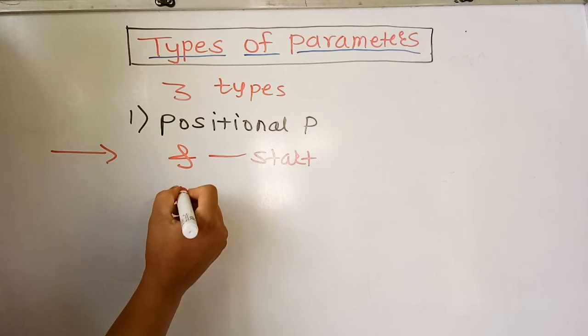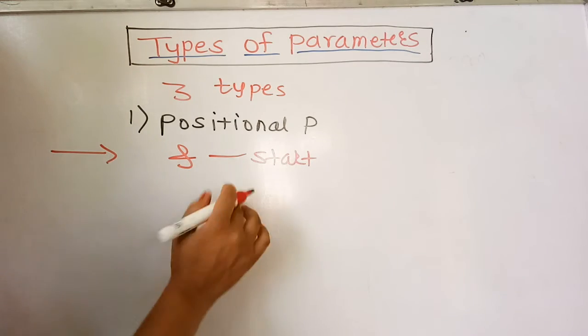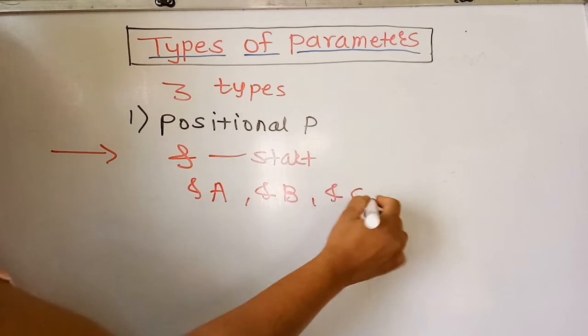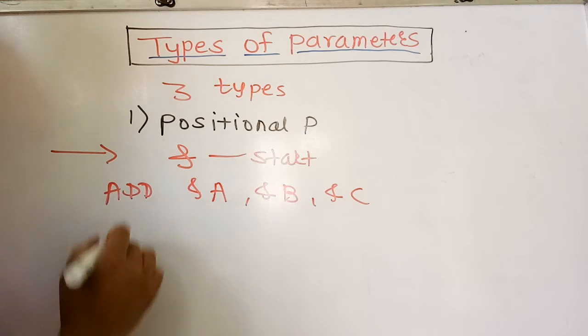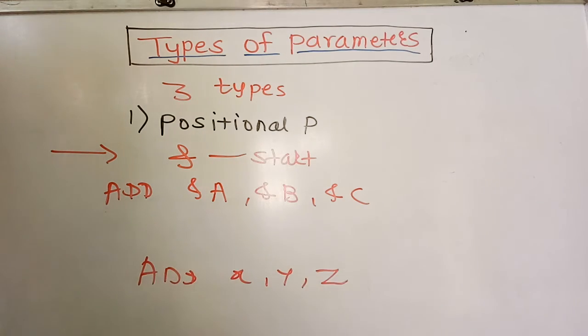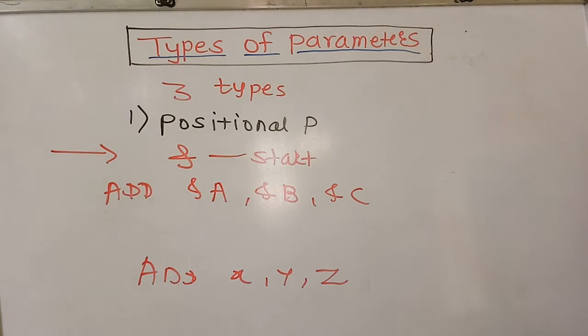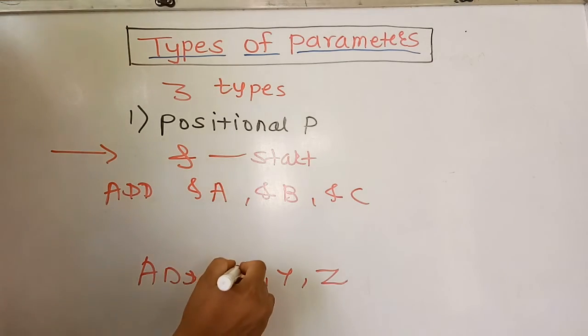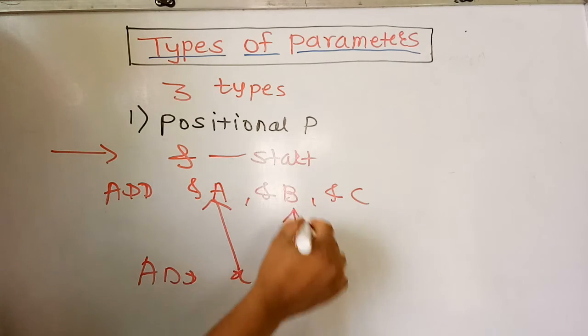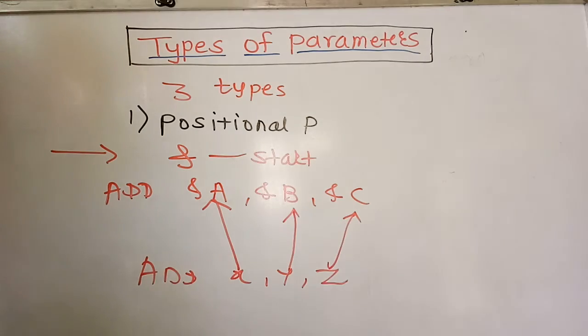For example, there are parameters like ampersand A, ampersand B, ampersand C, and there is a macro like add. And when you are calling add and giving x, y, z, then the value of the first actual parameter x replaces the A, y replaces the B, and z replaces the C. So this is the actual mapping.